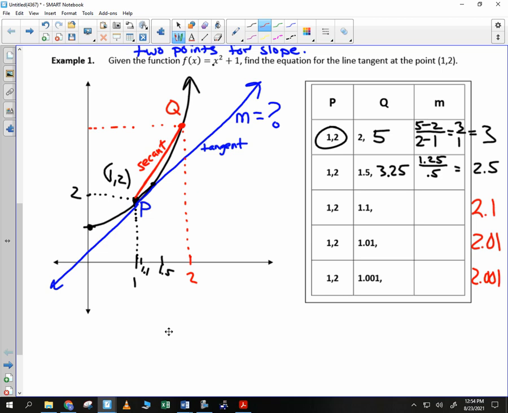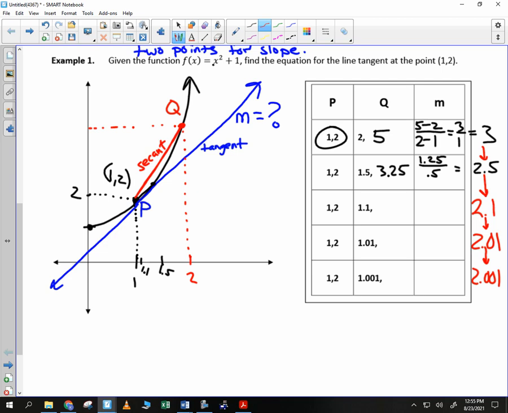So this is the really important part. Everybody look at the data. When point Q was a full unit away, the slope was 3. When you moved it closer, it went to 2.5. When you moved it closer still, you got 2.1, 2.01, 2.001.